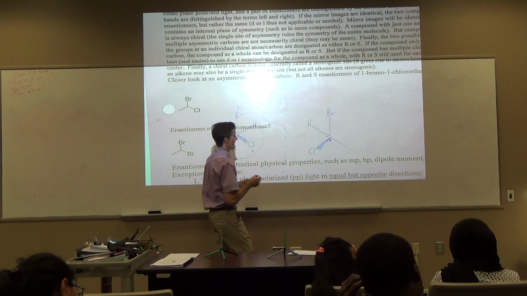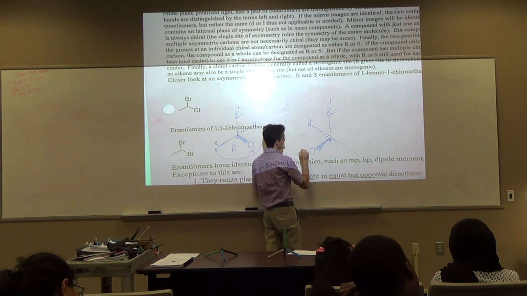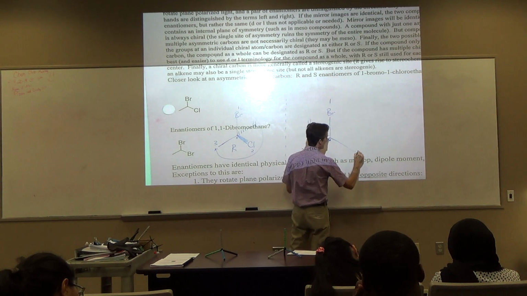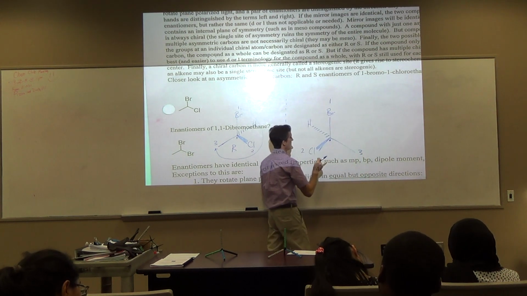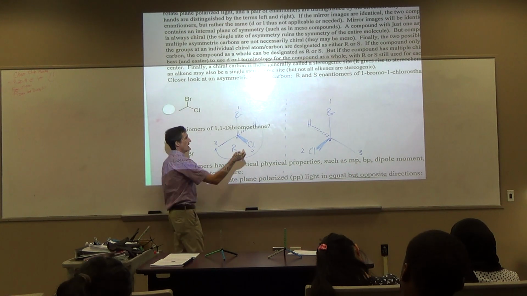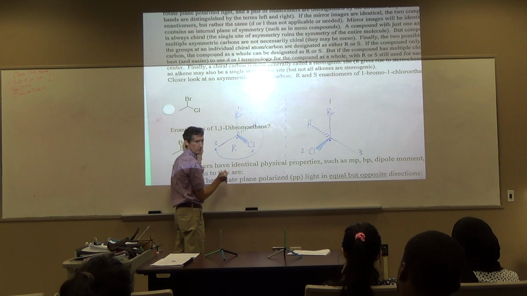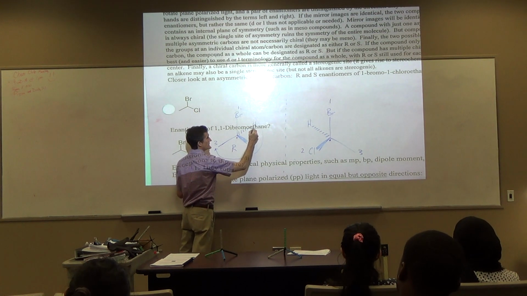How about the other one? What's 1? Bromine. What's 2? What's 3? Carbon. By the way, when you do this, this is with the low priority group going back. What is the low priority group here? H, 4.